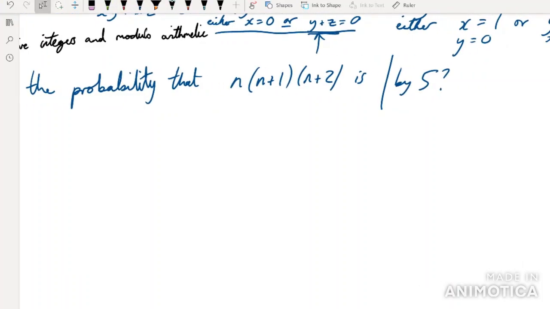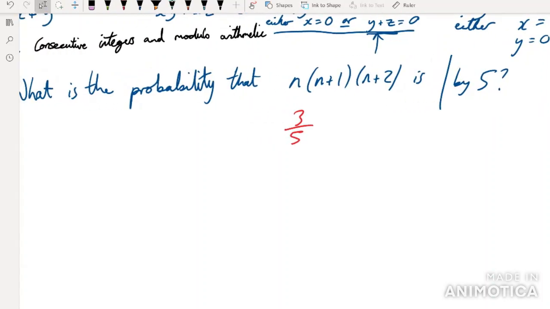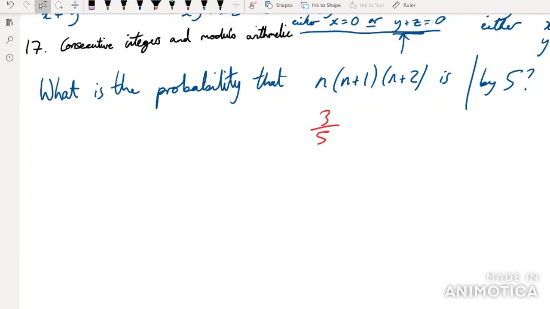This is 3 consecutive integers. What do you need for it to be divisible by 5? We need at least one of them to be divisible by 5. In a list of 5 consecutive integers, one of them will definitely be divisible by 5. So what's the chance in a list of 3 consecutive integers? Well, it's literally just going to be 3 over 5. So you just take the number of integers in a row and divide that by the number you're asking about. That's if it's prime.